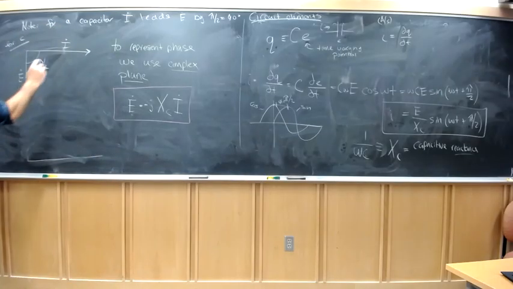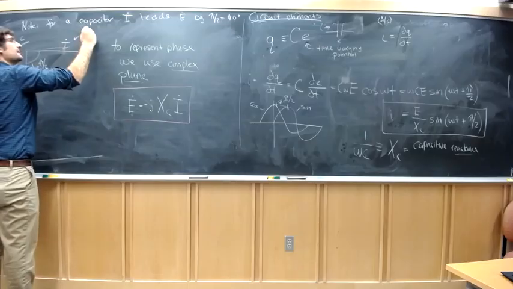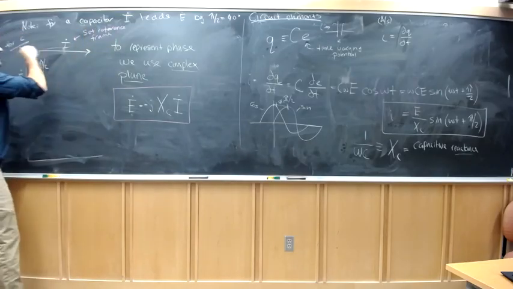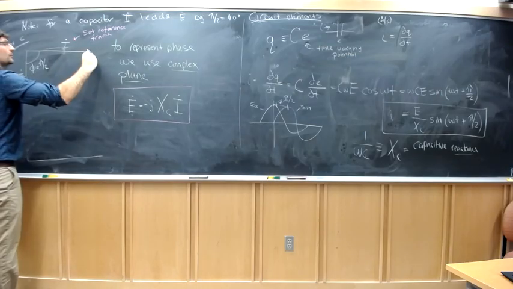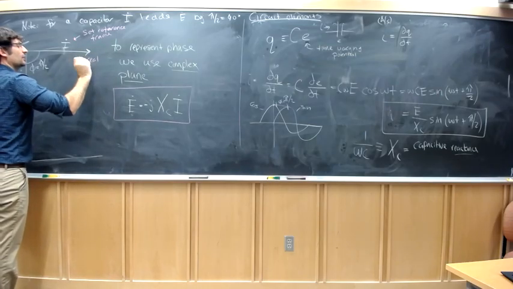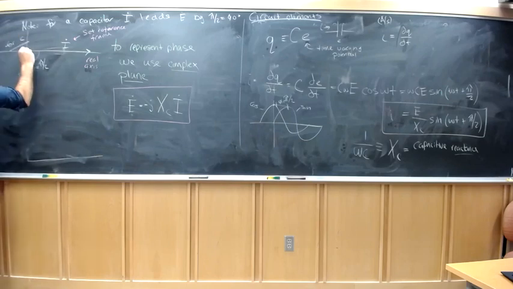So if we set our reference frame where I is sitting on the real axis, and this is the imaginary axis, E is perfectly aligned with the imaginary axis for a purely capacitive system.